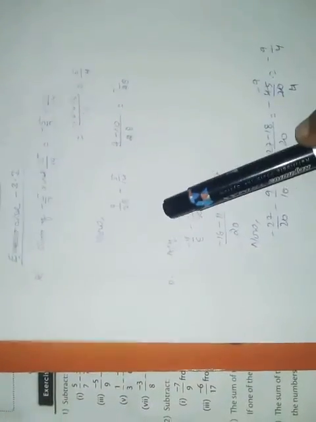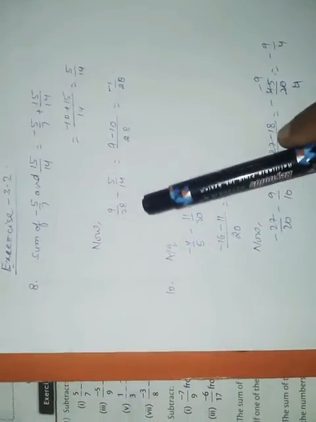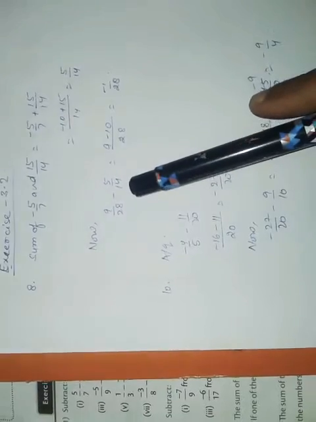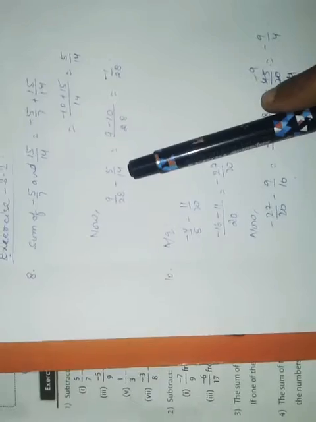Now according to the question, we have to subtract this number from 9 by 28. So 9 by 28 minus 5 by 14. Here we take the LCM of 28 and 14.